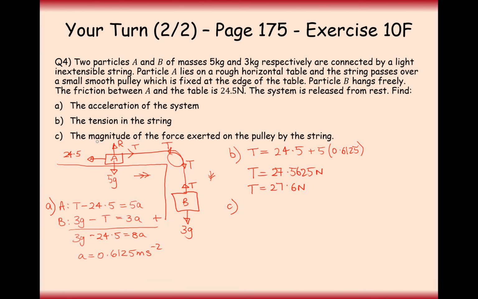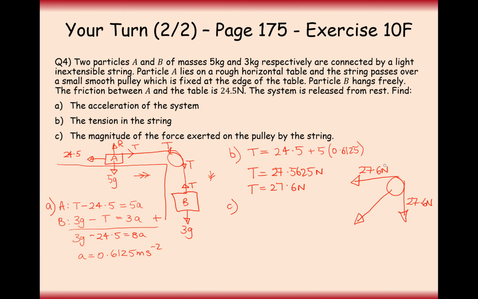Part C here, find the magnitude of the force exerted on the pulley by the string. Well, let's just take a closer look at the tension here. We've effectively got the pulley system here with two tensions being applied to it. A 27.6 Newton force going this way and a 27.6 Newton force going this way. And what's going to happen is the force is actually going to be acting in that direction.